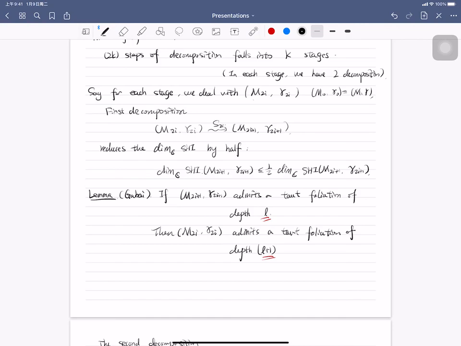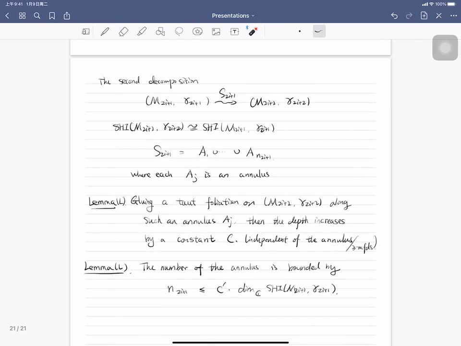In the first of those two decompositions, the depth is only increased by 1. For the second decomposition, we have a union of annuli, and each annulus will increase the depth by a constant. And the total number of annuli is bounded by a constant times the dimension of the sutured Floer homology.